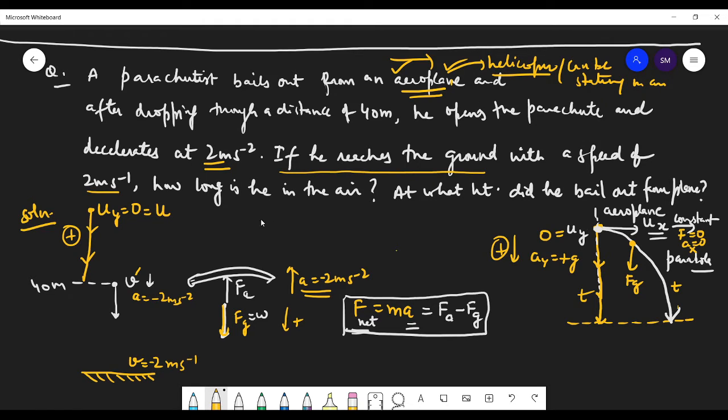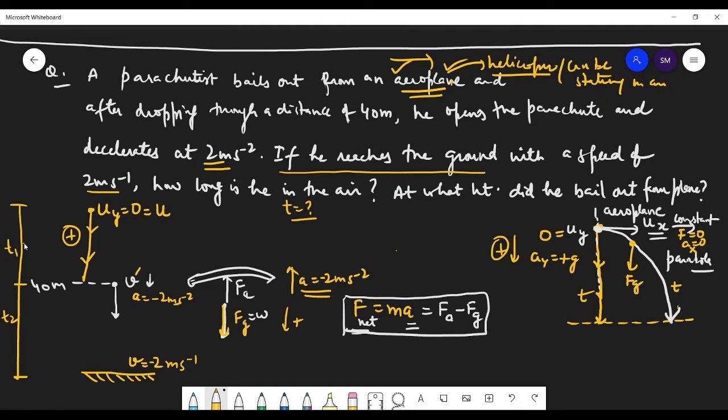How long is he in the air? That's the total time we have to find, from here to here. We will take this time as t1 and this time as t2. We have to find the time he is in the air, and at what height he bailed out from the plane.